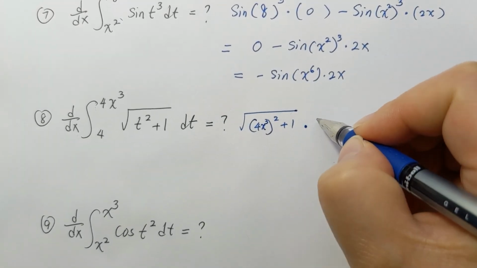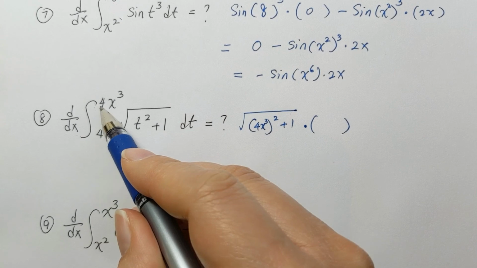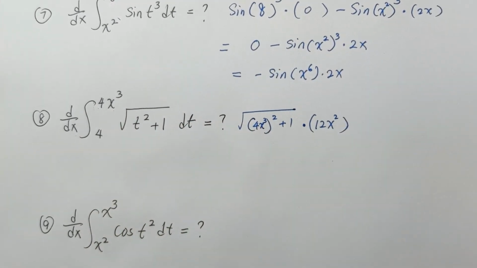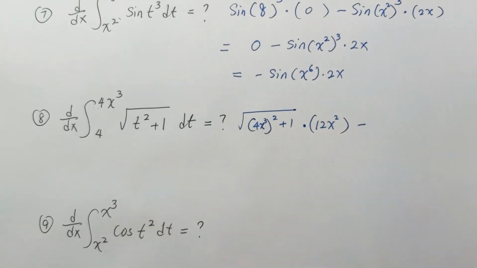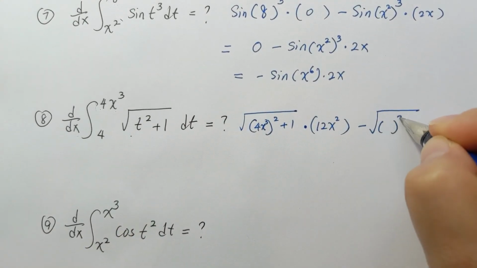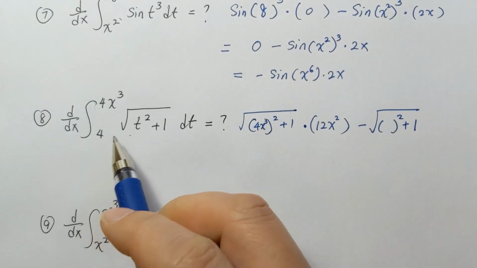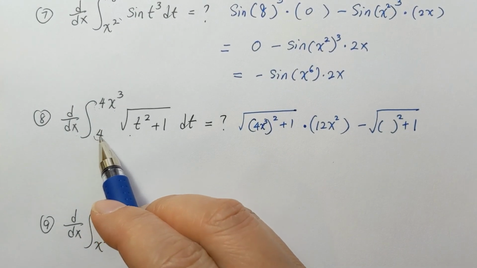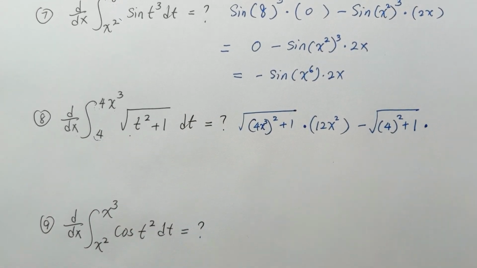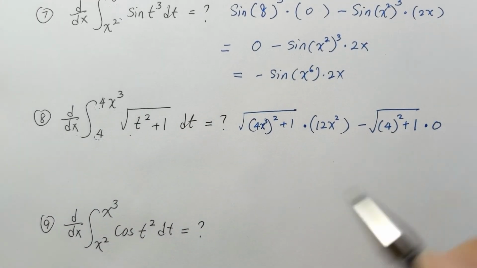Now we're going to multiply by the derivative of the 4x cubed, which is 12x squared. Minus. We go back here, we keep the square root, parentheses squared plus 1. So you're going to replace the t with 4. Don't forget, you have to multiply by the derivative of 4, which is 0.